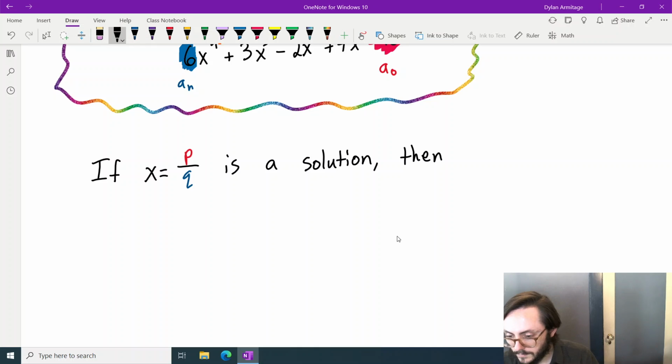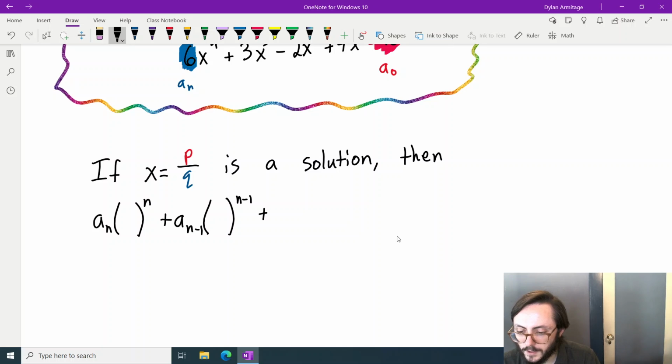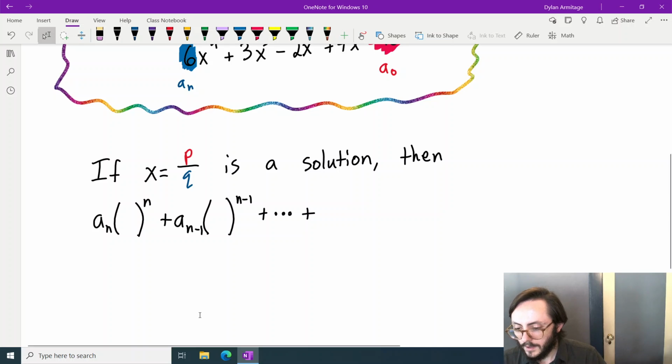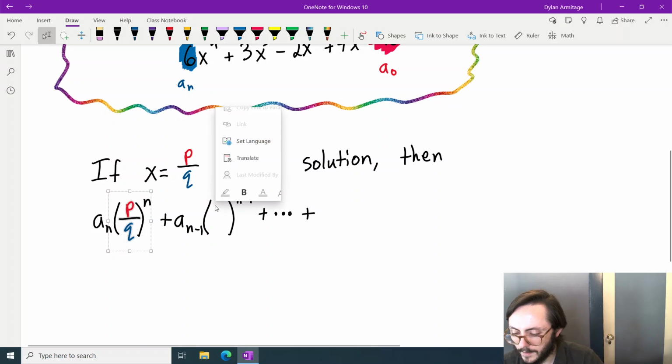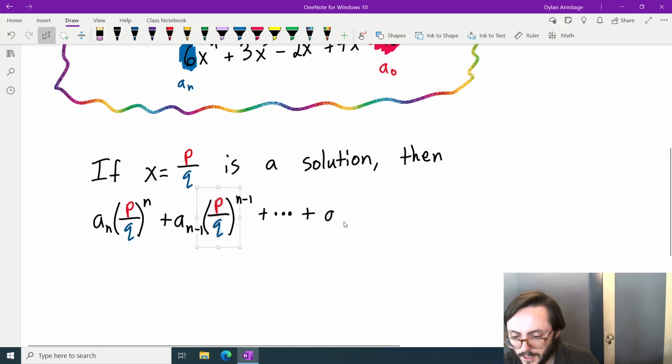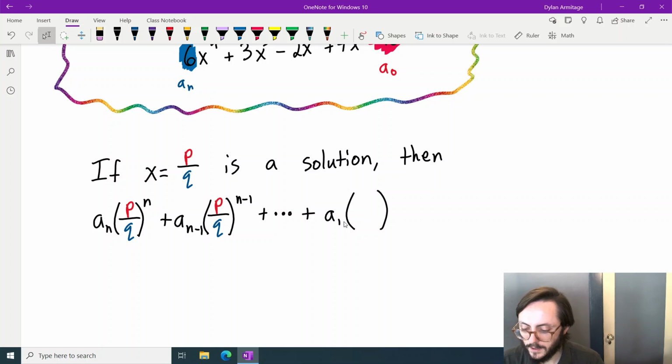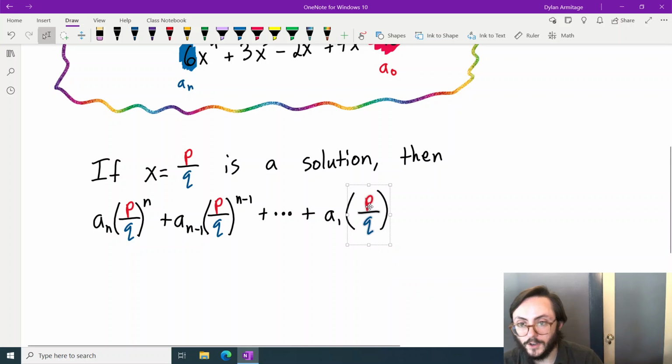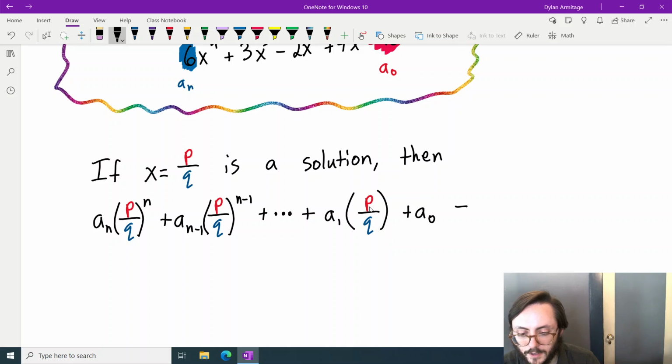Okay? So you should know that a sub n times p over q raised to the power n plus a sub n minus 1 times p over q to the n minus 1 plus ... plus a sub 1 times p over q plus a sub 0 equals 0.